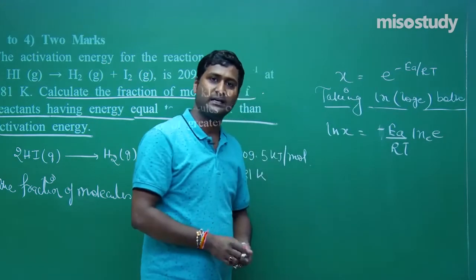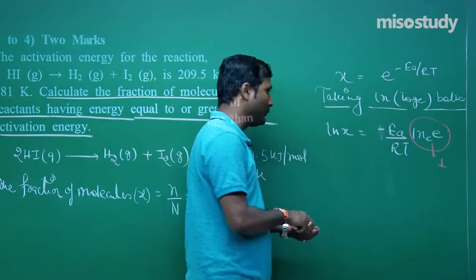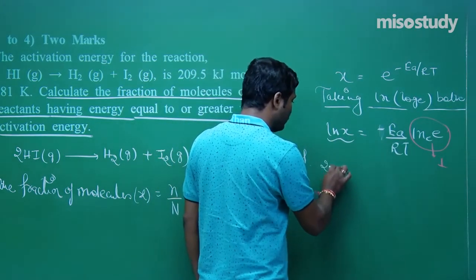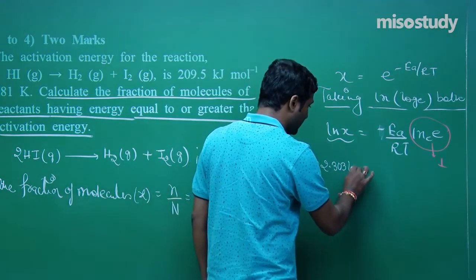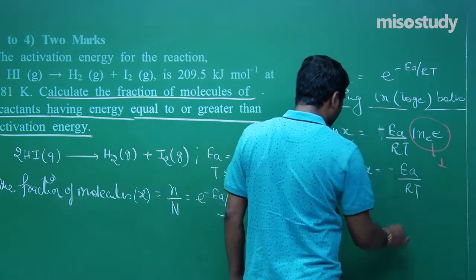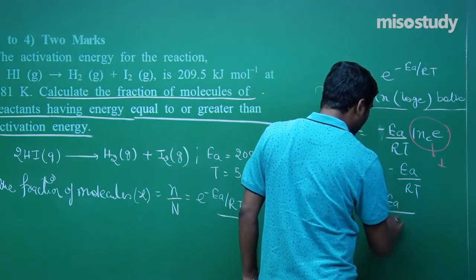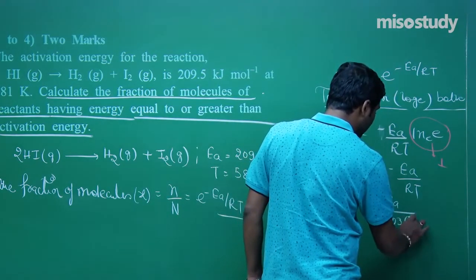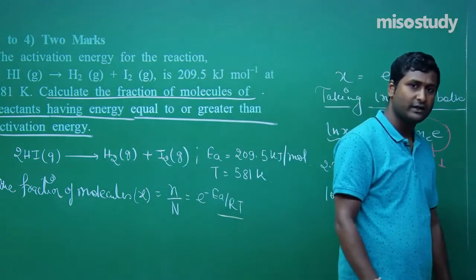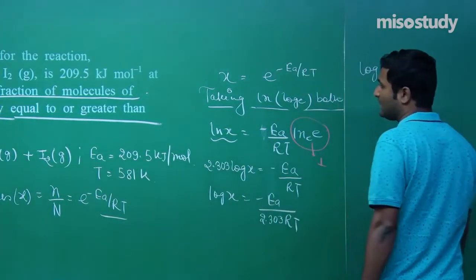As we know, ln e is equal to 1. Now put this value. ln x converted into log is 2.303 log x, equal to minus Ea upon RT, or log x is equal to minus Ea upon 2.303 RT. This is the case, my friend. Now moving here, check it out, log x is equal to minus, what is the value of Ea?